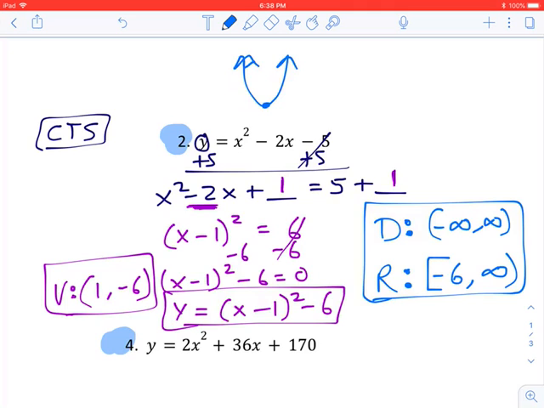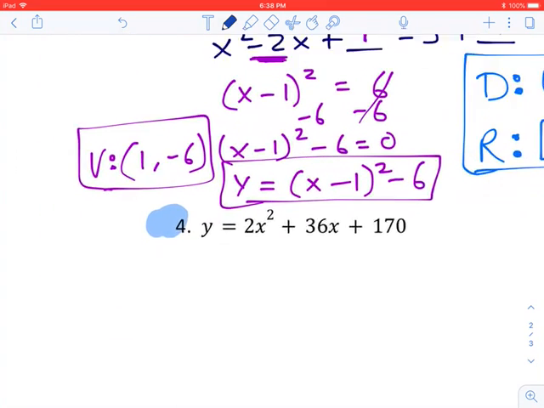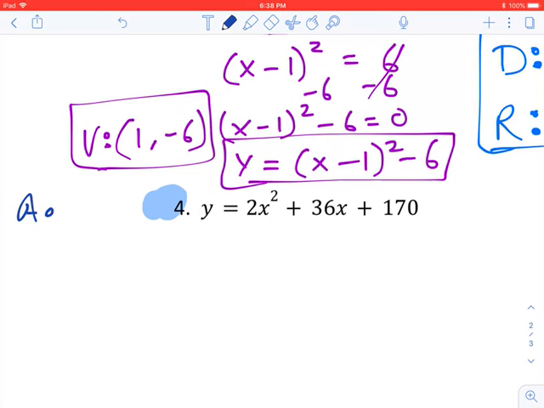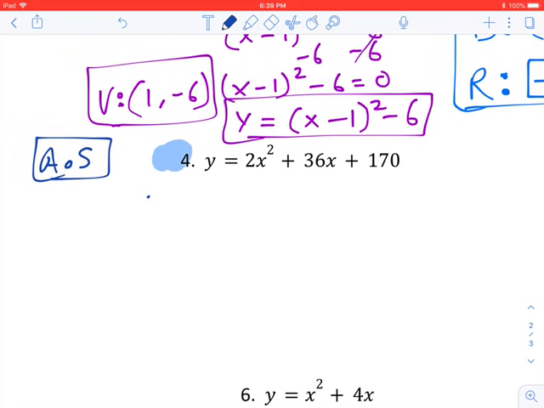And that's completing the square, followed by figuring out your domain and range. So let's do this again, but this time the other method, which is finding the AOS first, axis of symmetry, followed by the vertex.